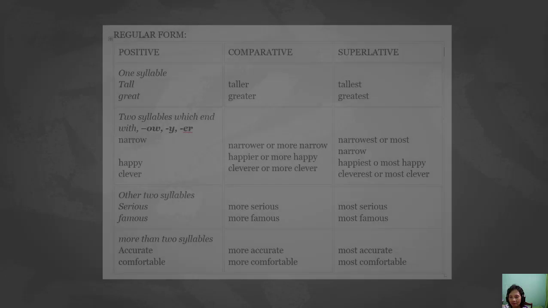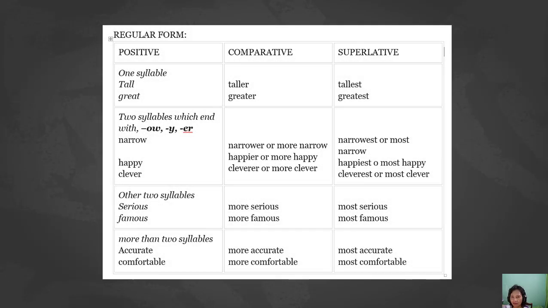Okay, let's begin. The regular form. Of course, when we want to compare with the adjective, we have to know about the form. We have positive, comparative, and superlative forms.